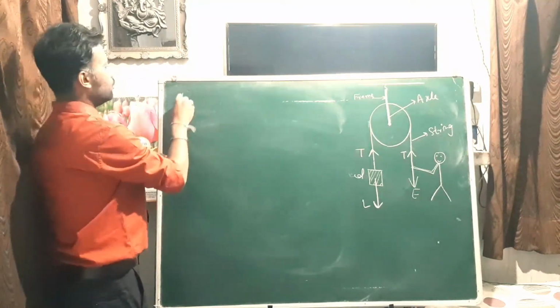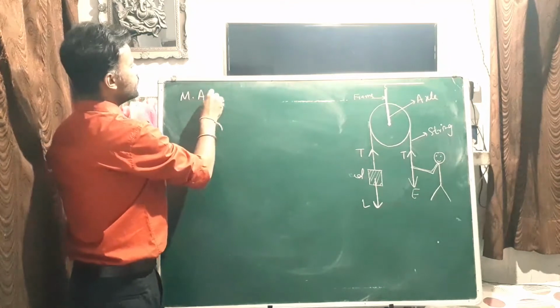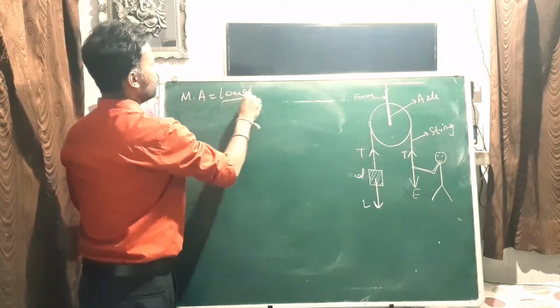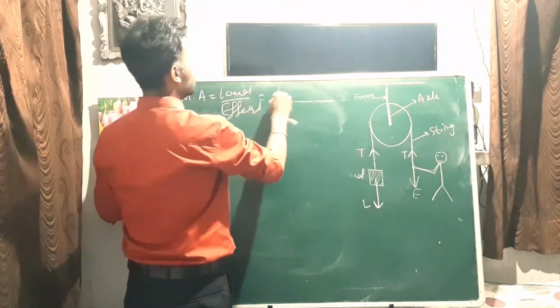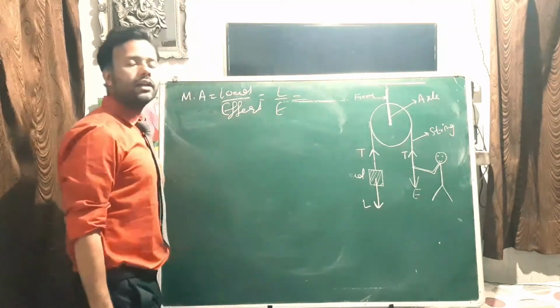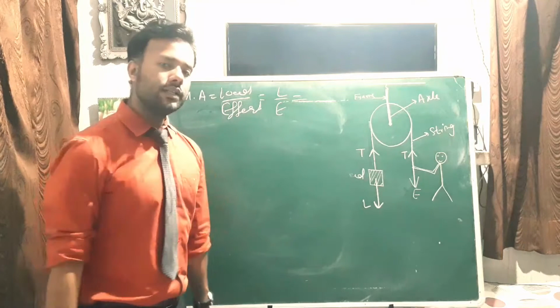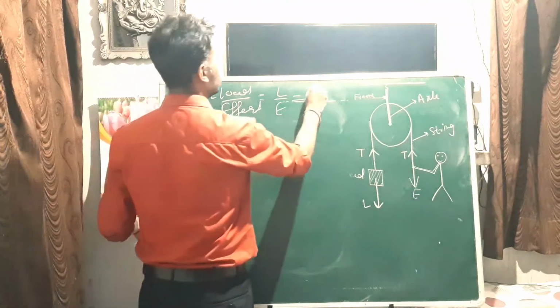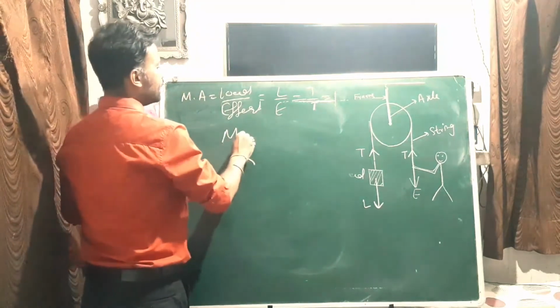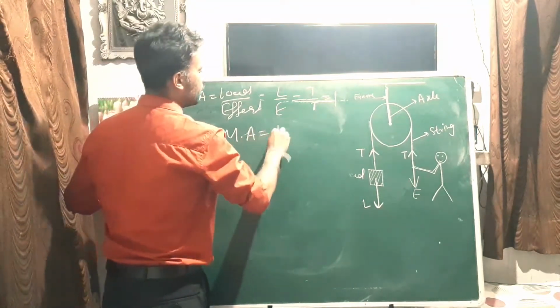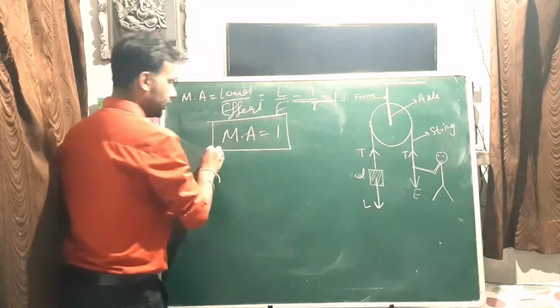Okay, so mechanical advantage is nothing but load upon effort, that is L upon E, and we know that the value of L as well as E is T, that is equal to 1. So the mechanical advantage of the single fixed pulley is 1.